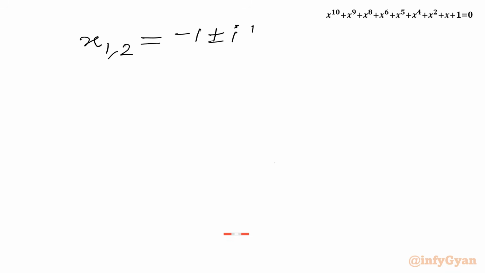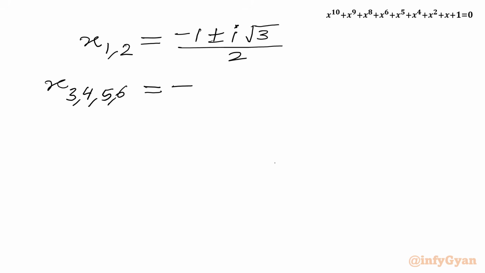So let me write here x1, 2 will be minus 1 plus minus i times square root 3 over 2. Then we have x3, 4, 5, 6 will be equal to plus minus sign in bracket root 3 over 2 plus minus i over 2.